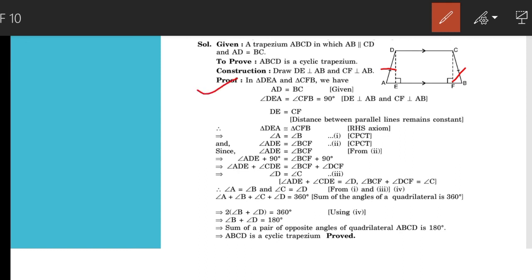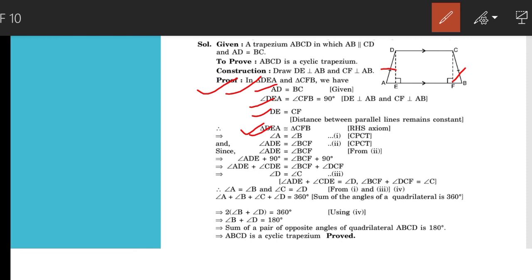So in these two triangles we have AD equal to BC, which is given. Angle E and angle F are 90 degrees by our construction, and DE is equal to CF. The distance between parallel lines is always constant. So DE is equal to CF. So by the RHS axiom we can say that the triangles are congruent.